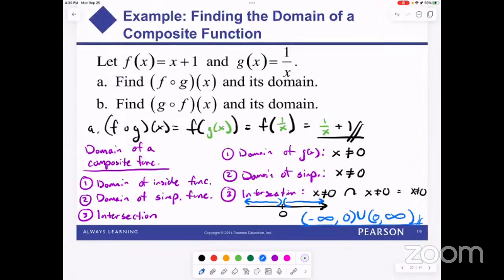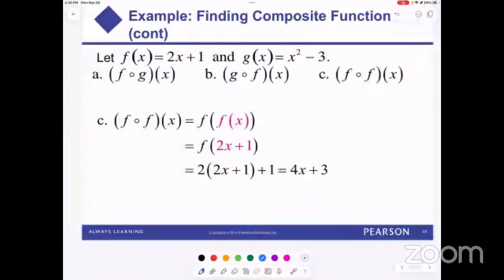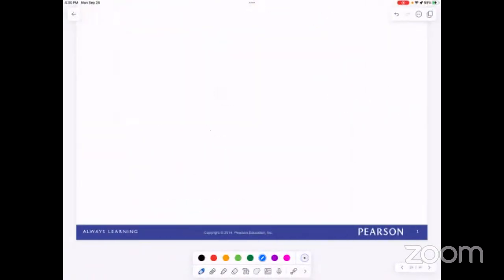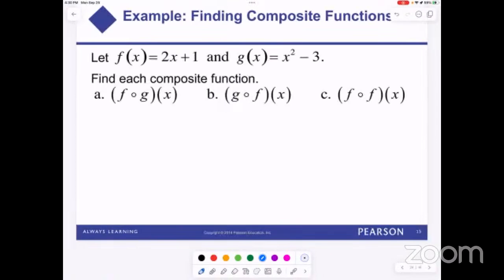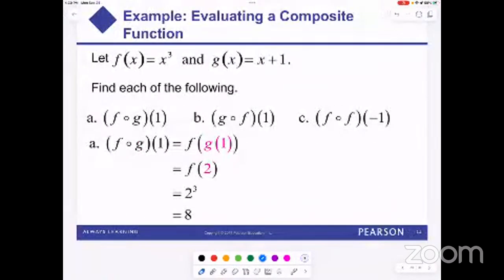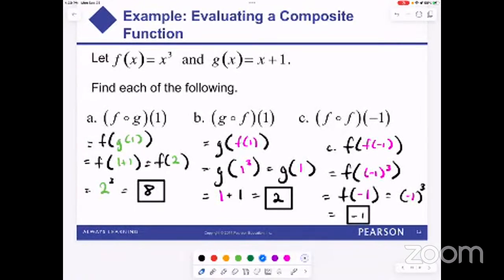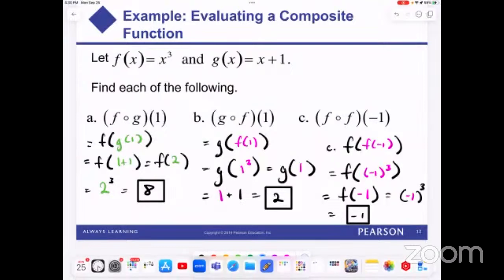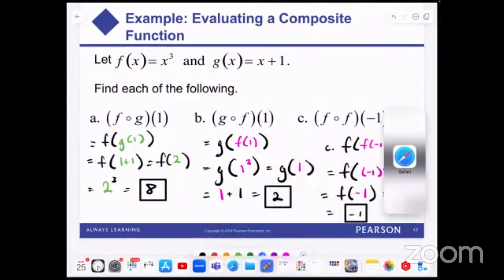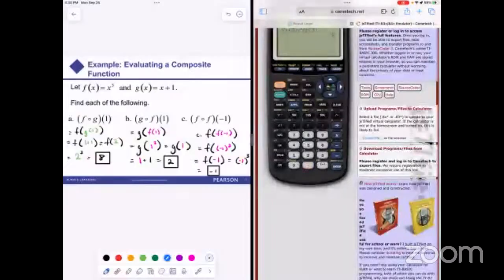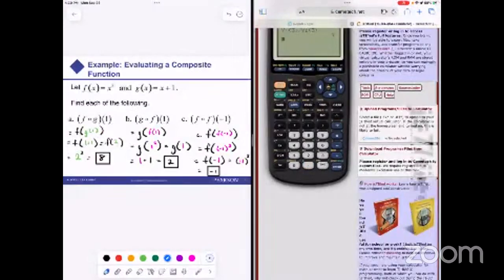Oh, and there was something in the previous example I wanted to showcase. Let me do this real quick. In this previous example, I'm showcasing it in the calculator, a TI-83 Plus, if I can get this to work.